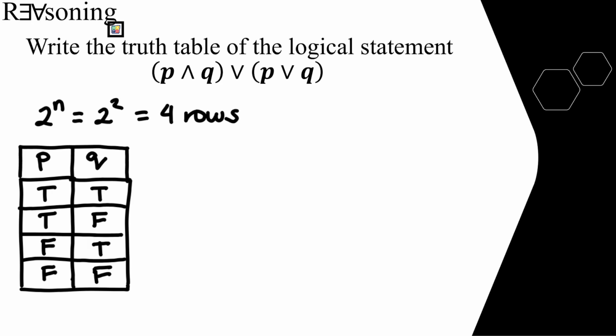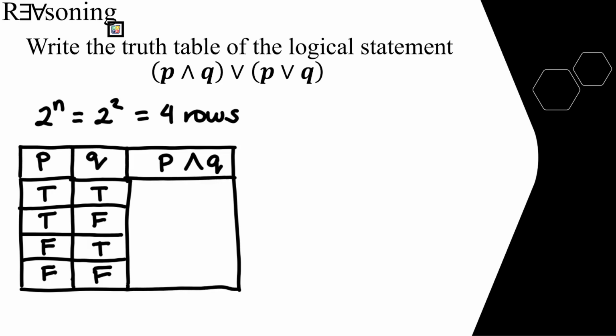Now, to identify the truth table of the assigned logical statement, let's start first with the first statement here, which is P and Q. Let's come up with a column for that. Let me redo this Q to make it better. Okay, so let's have a column for that and assign the truth values for this logical statement. This again, we know to be a conjunction. We already know the truth table for a conjunction.